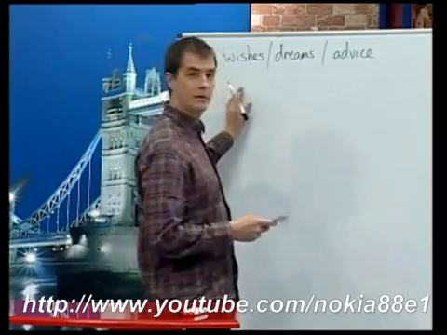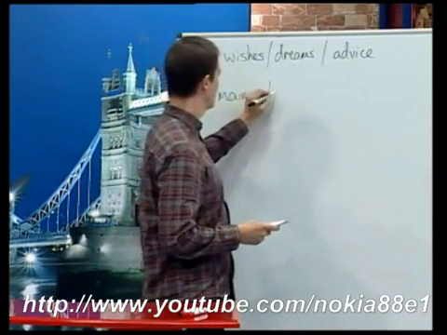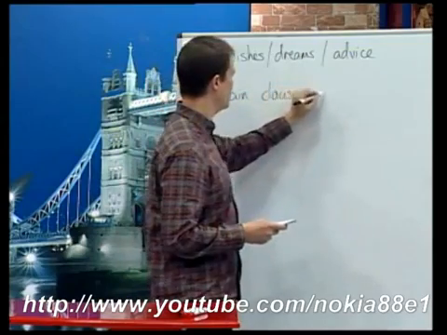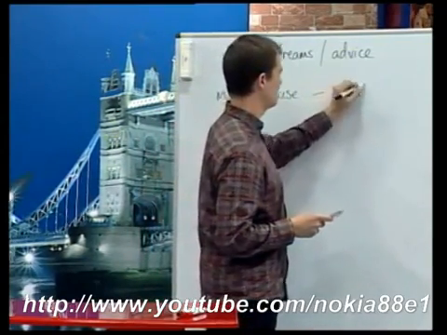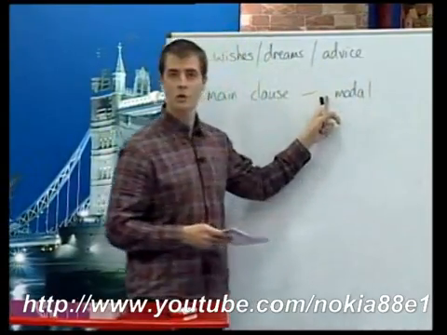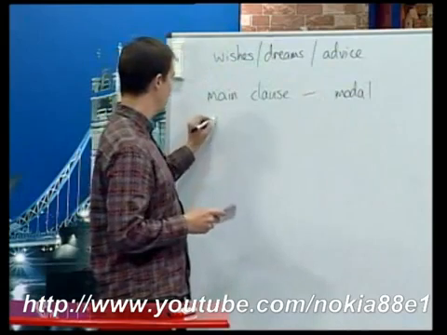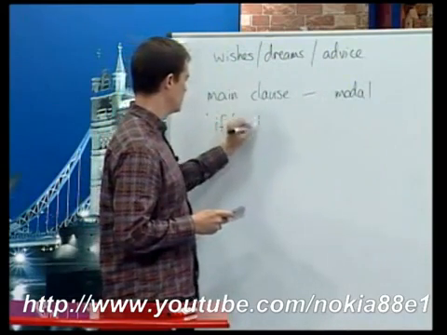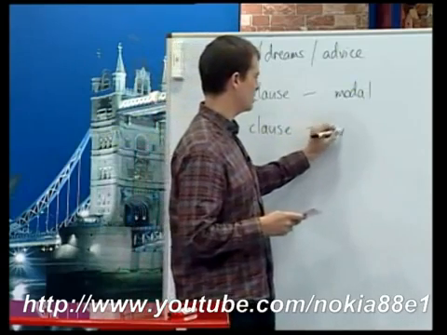Now, in these kinds of conditionals, in the main clause we use a modal. We use would, could, or might. And in the if clause, we use what's called the subjunctive.